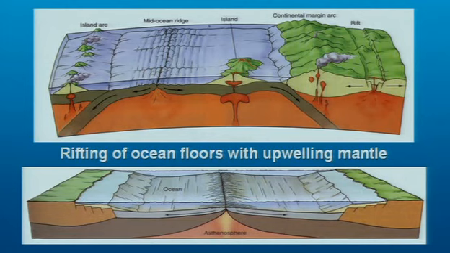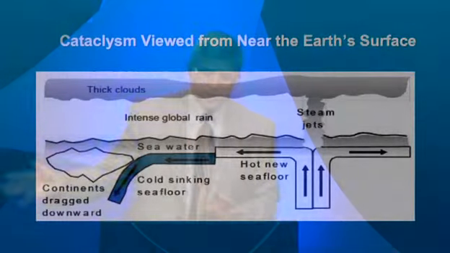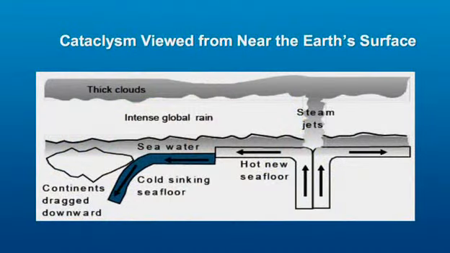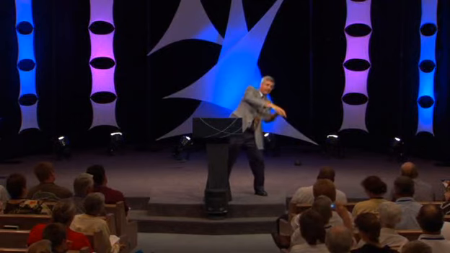So again, you can see this rifting process in these two diagrams, where new molten rock material comes up into these rift zones, these pull-apart areas on the ocean floor and on the continents. And here in this diagram, you can see on the right where the hot new ocean floor comes up, producing these steam jets, which produces the intense global rain. At the same time, it's pushing aside the cold, dense ocean floor, which is sinking under the continent on the left. As it sinks, catastrophically, it's going to happen so quickly, it's going to drag down the edge of the continent.